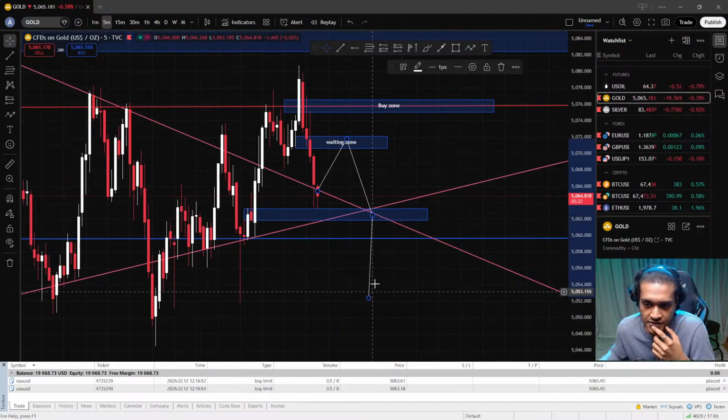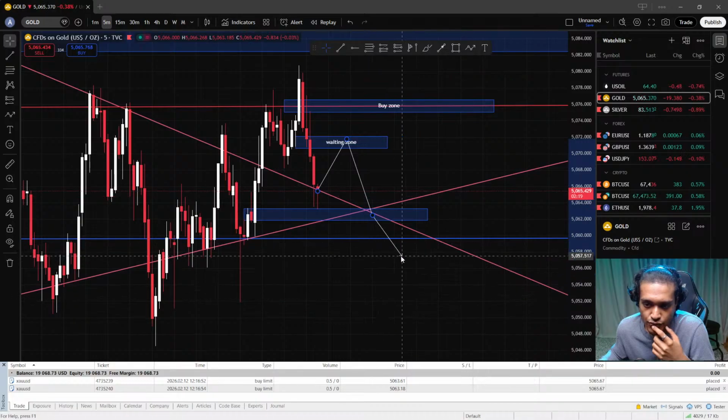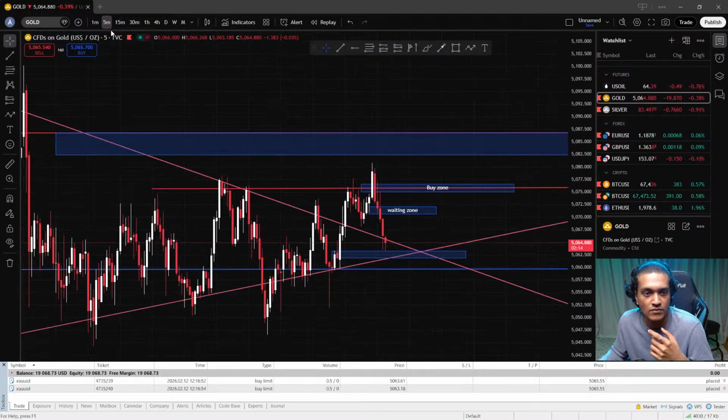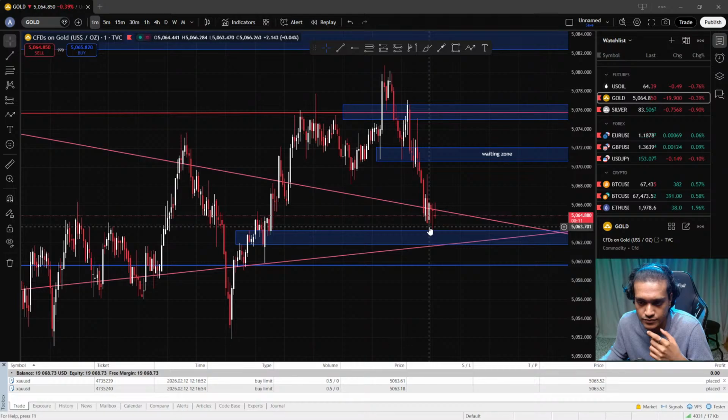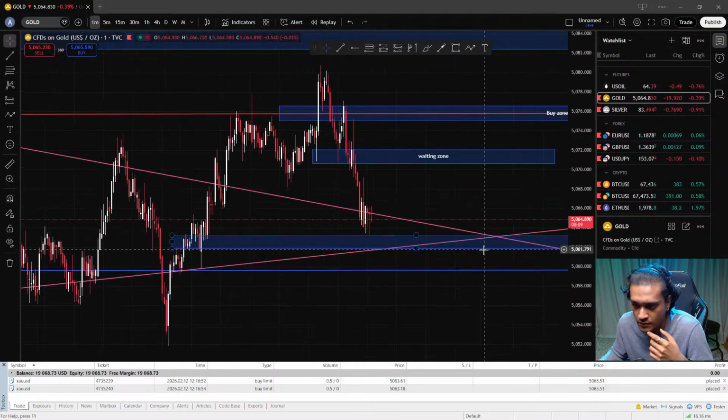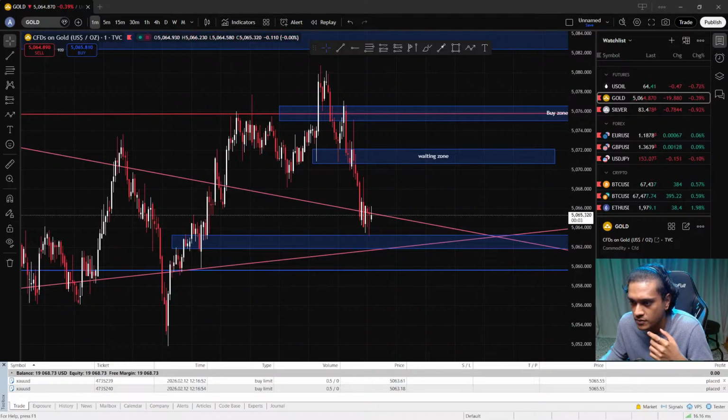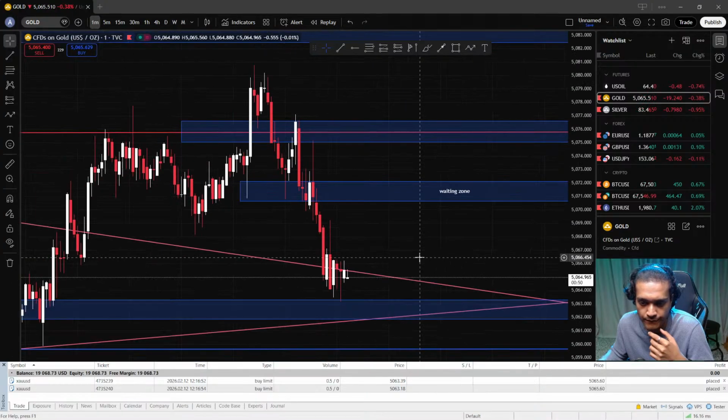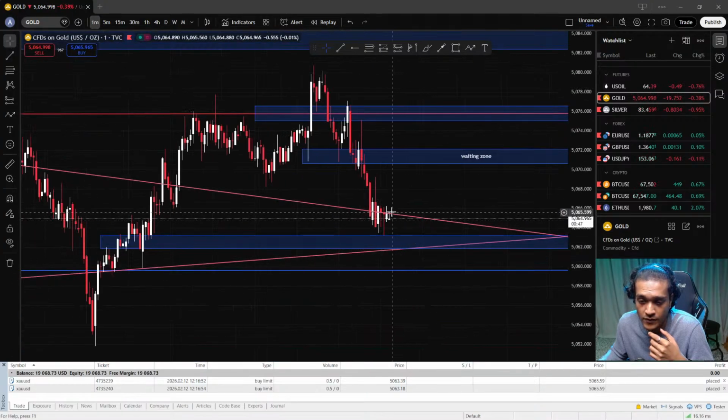There's a chance that the price will happen like this. 6-1 to 6-3. You close above and then you open below.